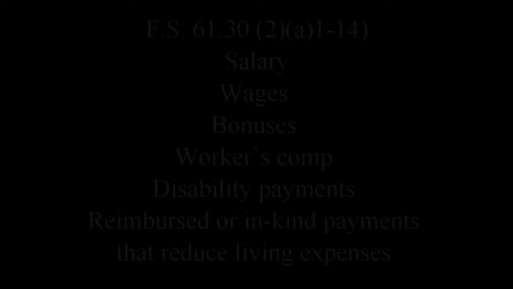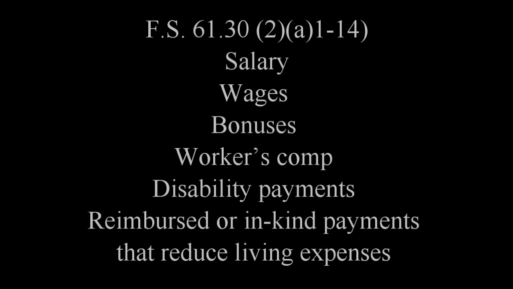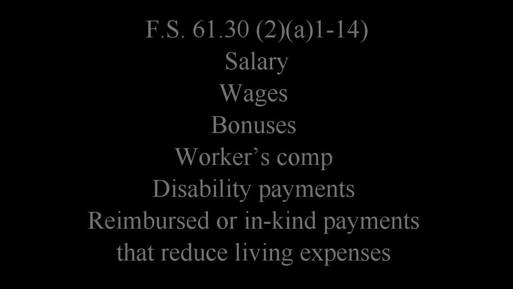So first, the court needs to know the income of the parties. Income is defined in Statute 61.30. Income includes but is not limited to salary, wages, bonuses, workers' comp, disability payments, reimbursed or in-kind payments that reduce living expenses, and quite a few other things.